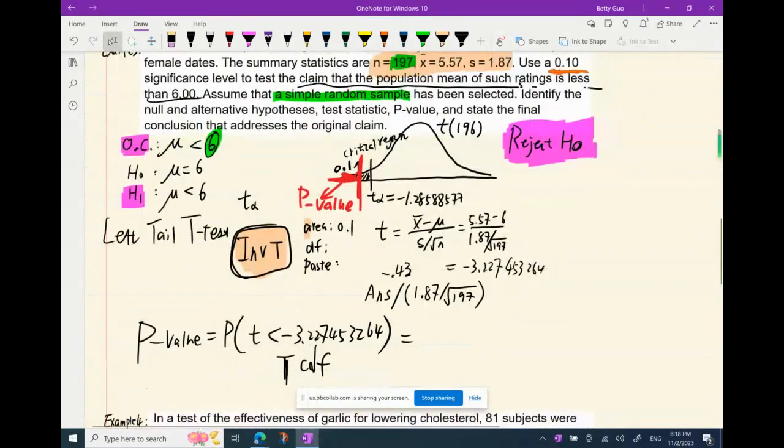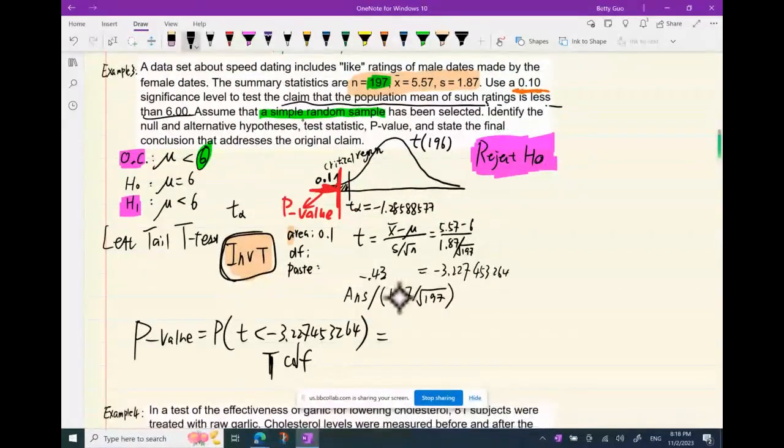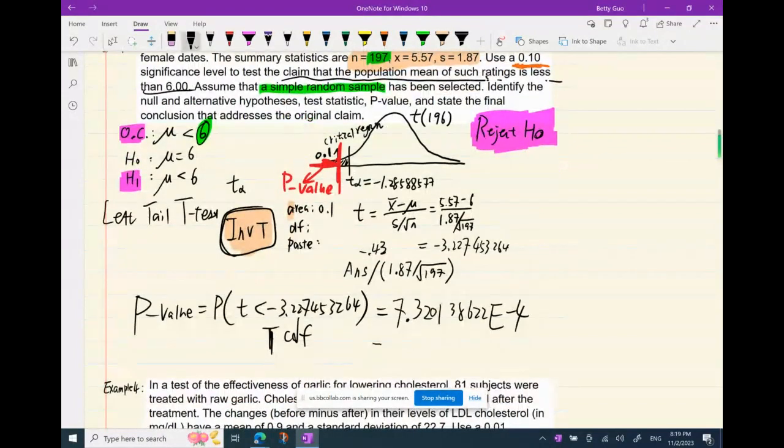To see if you have the same thing, don't rush, don't just look at 7.3, look at the whole thing: 0.13862E-94. Do you see the E-94? So the p-value is a tiny value actually. Let me just round it a little bit, 0.0007. Let me know, do you have the same p-value?